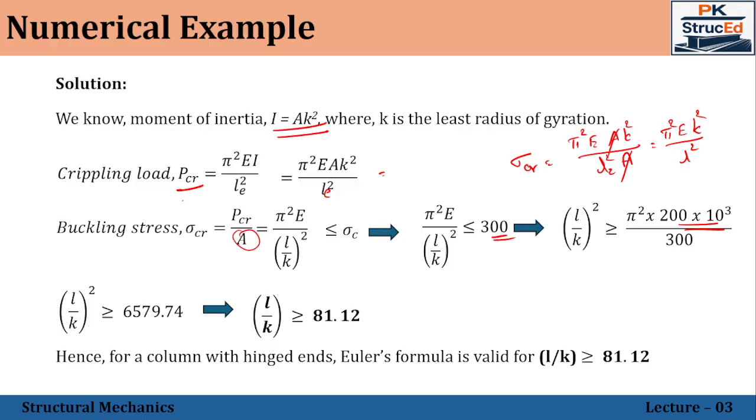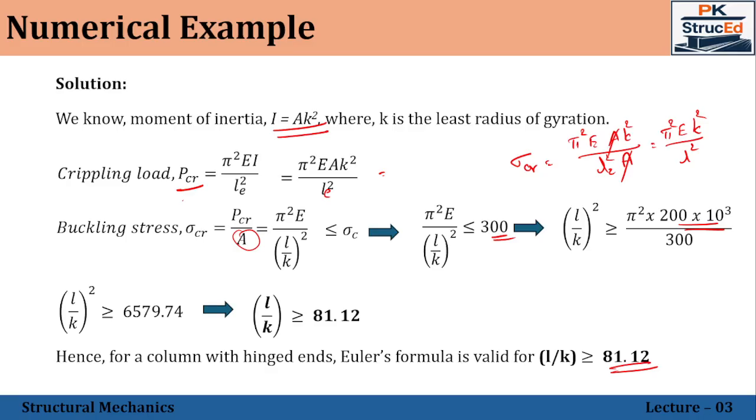Here, L by K is nothing but the slenderness ratio. So for a column with hinged ends, Euler's formula is valid for a slenderness ratio greater than or equal to 81.12. So this problem defines the boundary between the long and the short column.